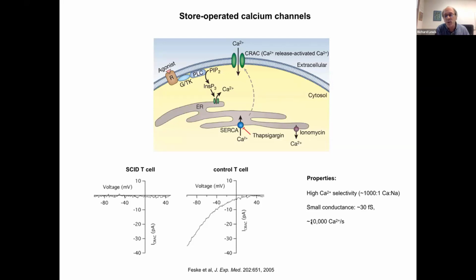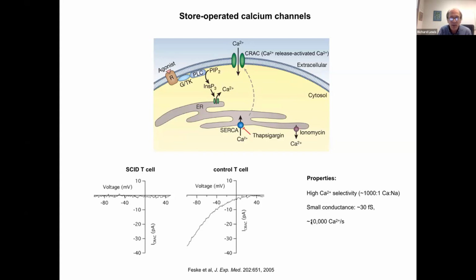This is about 100-fold less than the flux of calcium that one would expect through, say, a voltage-gated calcium channel. So this is really a dribble of calcium, which makes it suitable perhaps for long-term calcium signaling without overload of the cell, as well as local signaling to achieve some specificity in its downstream targets. This is something I'll get back to later.